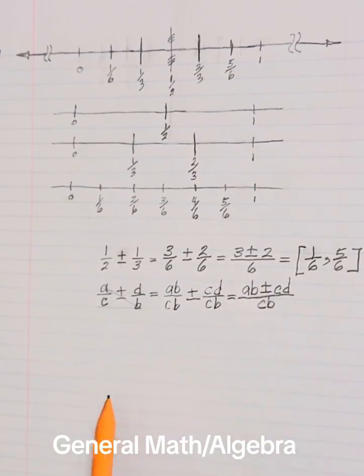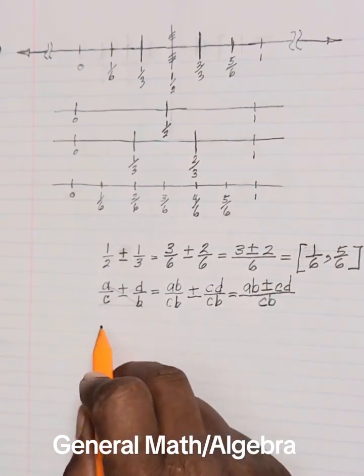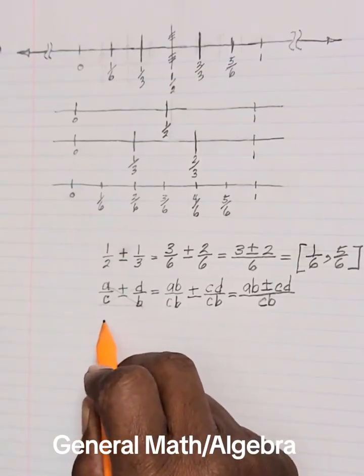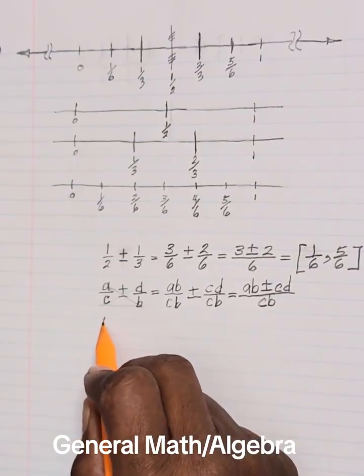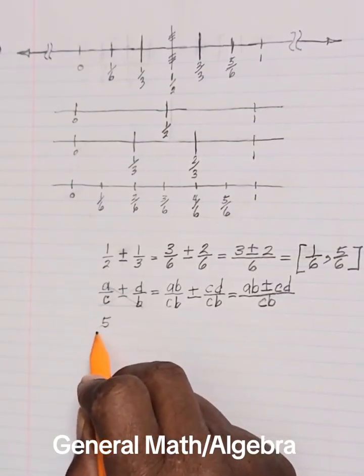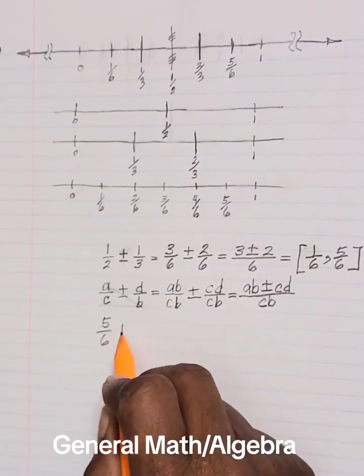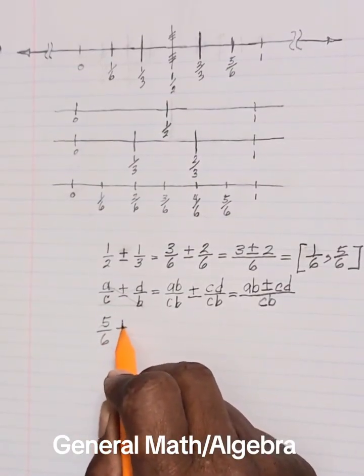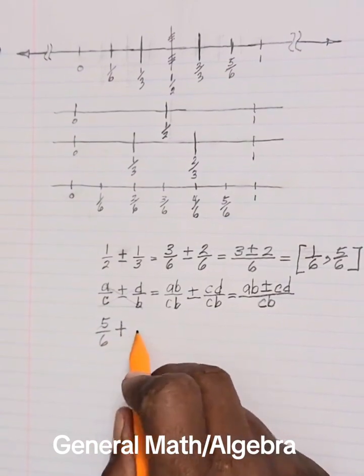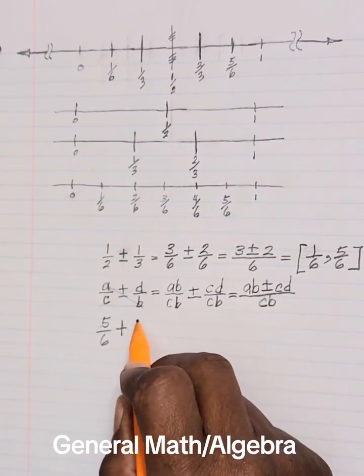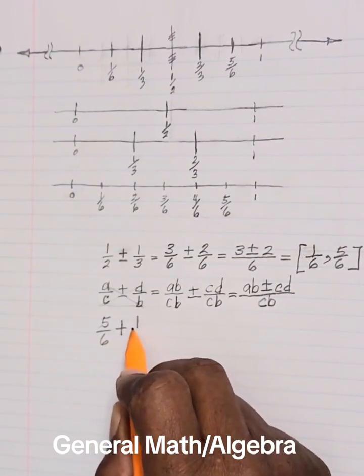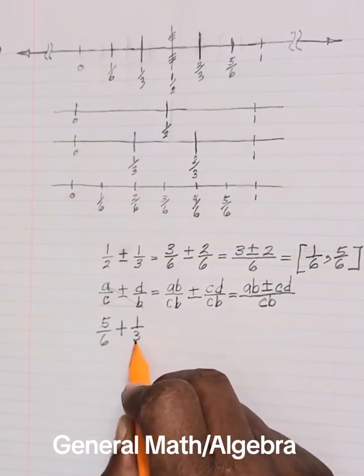So, for example, if we have, I don't know, 5/6, and we wanted to just add, we're not going to subtract, we're just going to add 5/6 to, same thing, 1/3, why not?